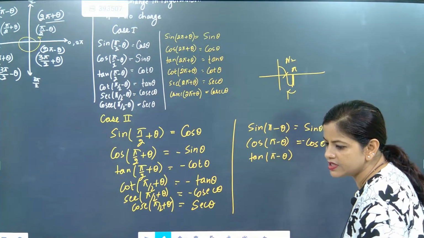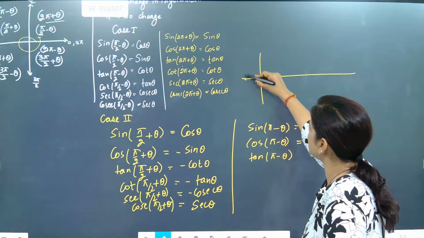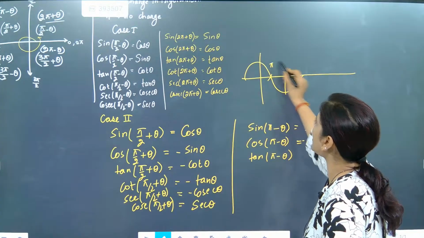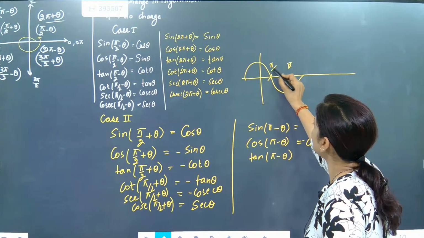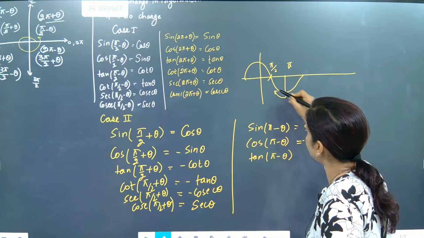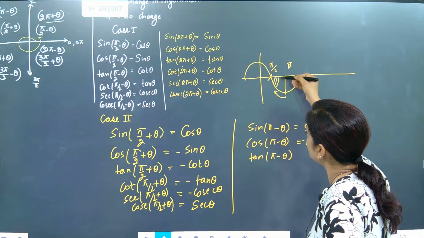So when you are going this side, because you see very carefully, this is cos graph. So now the cos graph value, this is pi by 2 and this is pi. So when you are going left of it, it is exactly in second axis till pi by 2, it is below x-axis.